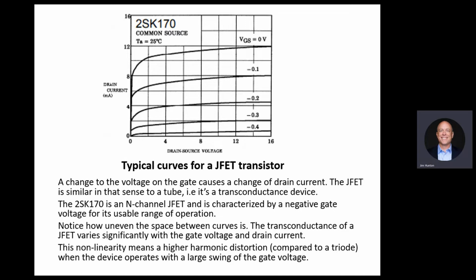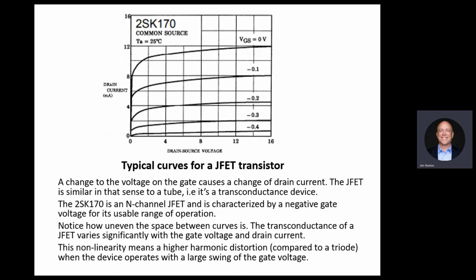However, unlike the triode, we see with 0.1, a different scale, but it's the same concept. 0.1 difference between the curves, big difference in current. There's a lot more amplification here than here.